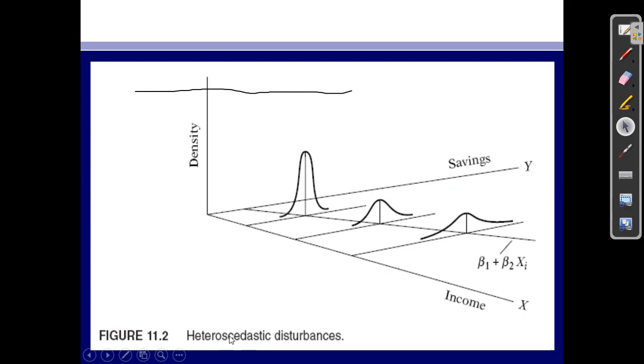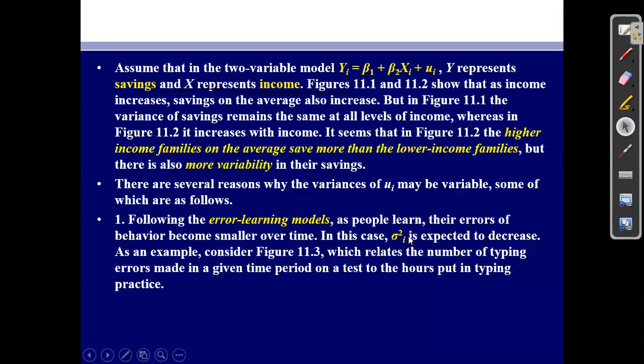So heteroscedasticity says that as x increases or decreases, the variance of the disturbance term, or ultimately the variance of the y variable, would not remain the same. It would change. In this case, it is increasing, but in some other cases, it may be decreasing. What would be that other example?